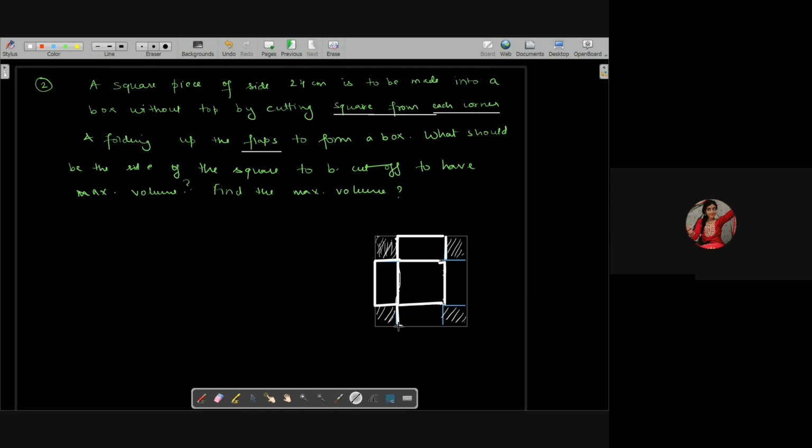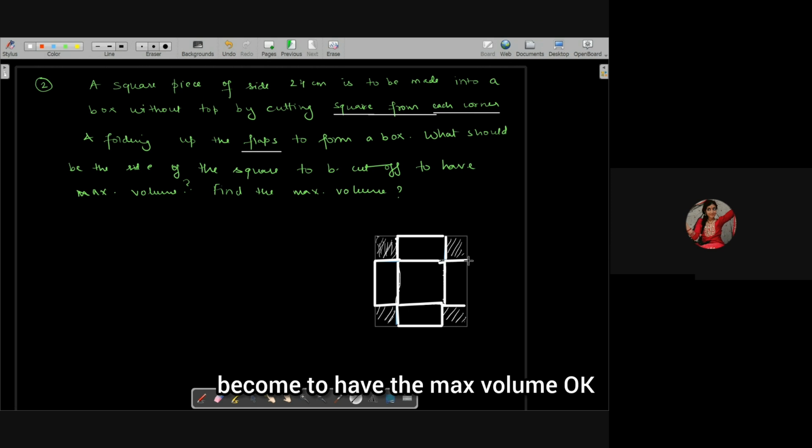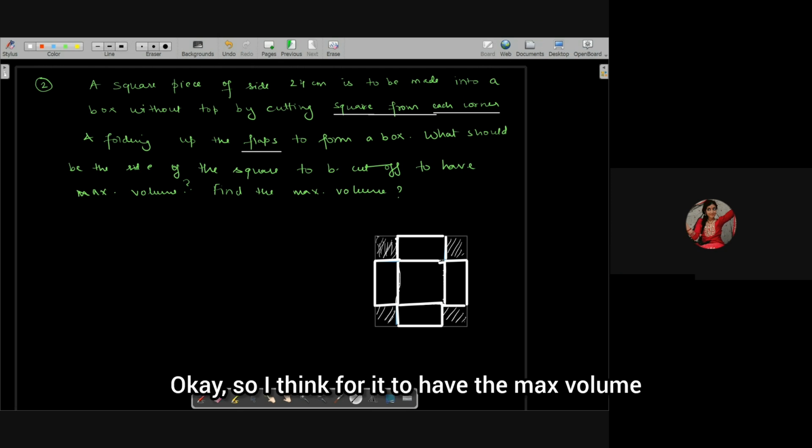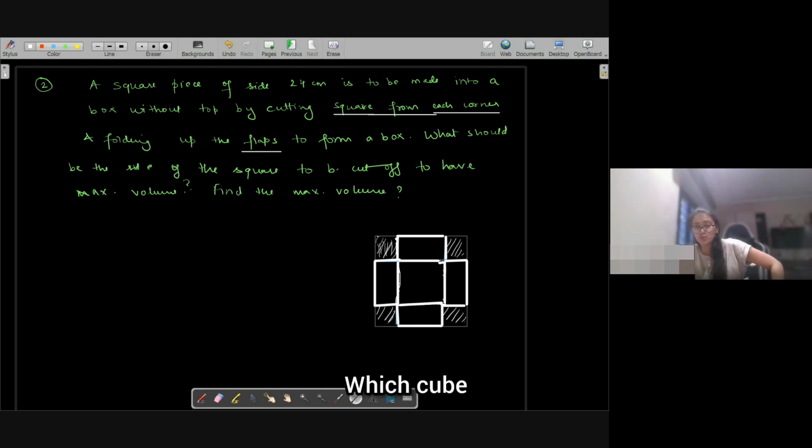Which should be the side of the square to be cut off to have the max volume. I think for it to have the max volume, the volume of the cube will just be x cubed, right? Which cube?